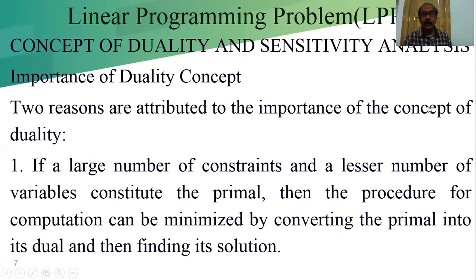Introducing another 2 slack or surplus variables, ultimately we will get 2 constraints and 7 variables. But if we try to solve with the help of the primal, then we will get 5 constraints. That means 5 rows in our simplex table and the 7 variables. But here we will get 2 rows with the 7 variables.